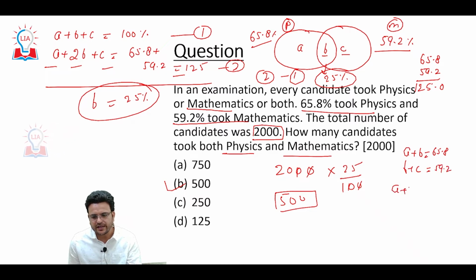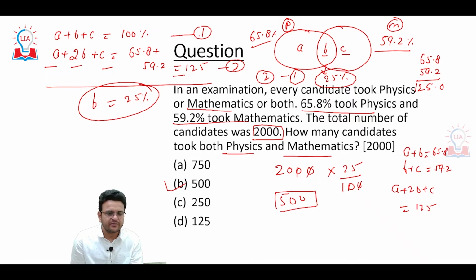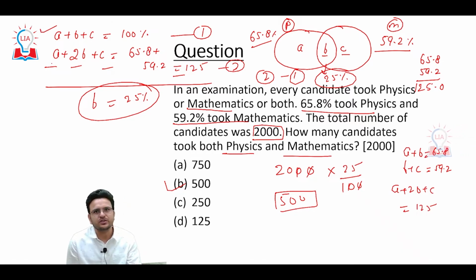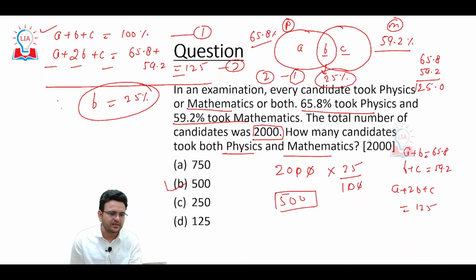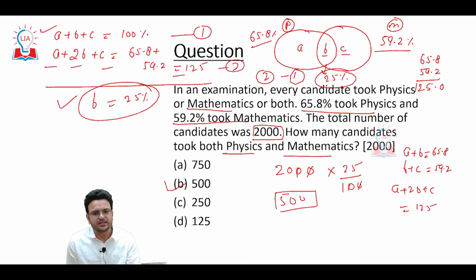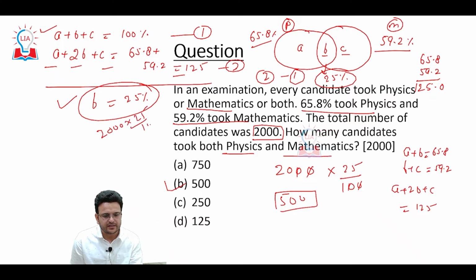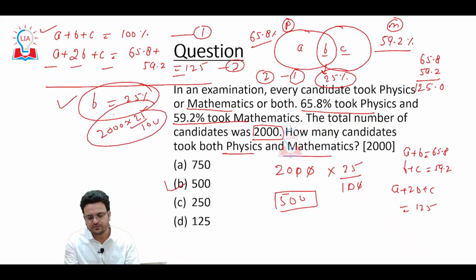So we know that A plus 2B plus C equals 125. We have equation 1 and equation 2. By subtracting equation 1 from equation 2, I am able to get the value of B, which is 25%. And the total students in the examination are 2000, so we take 25% of 2000 and we will get the value.